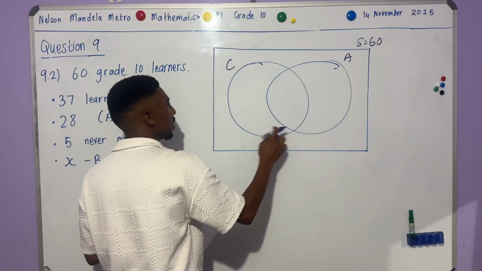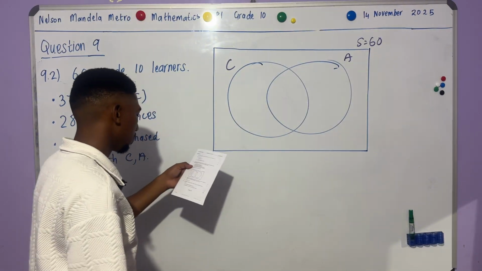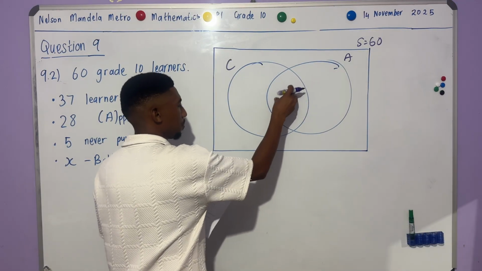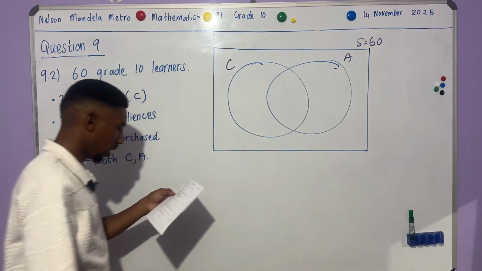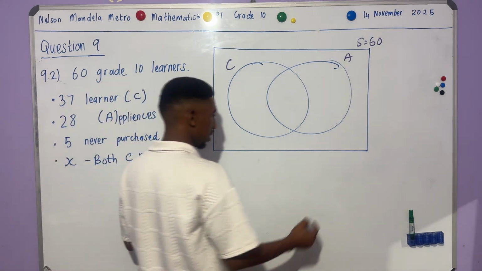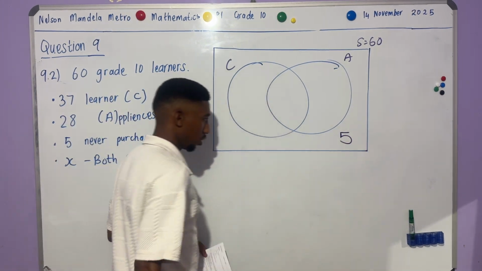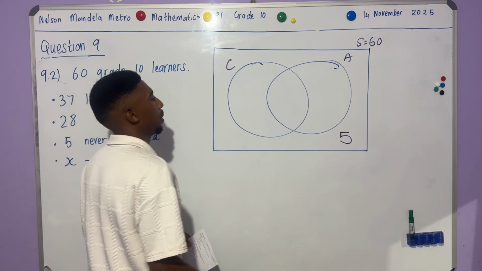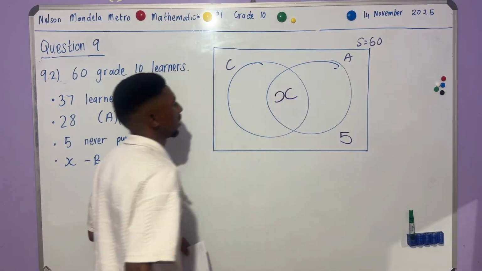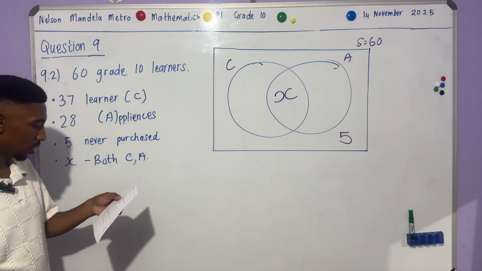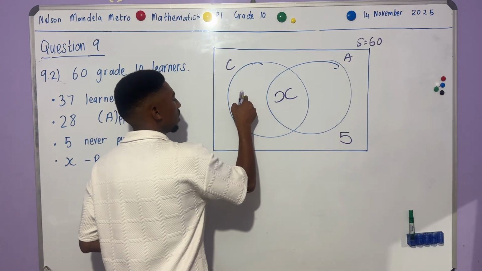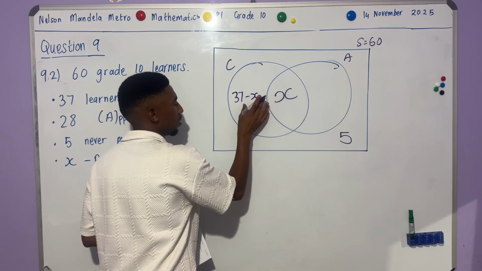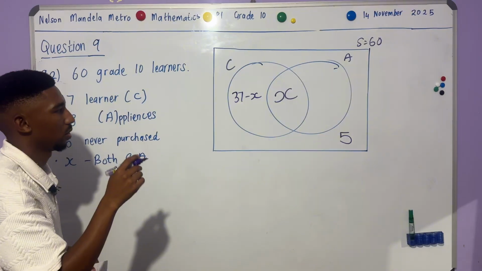Redraw the Venn diagram given above in your answer book and complete the outcomes for each region in terms of X where necessary. So first and foremost, 37 learners purchased clothing. So I know this entire circle here is 37 learners. 28 learners purchased appliances. I can't put the number in yet because I have to subtract what they have together. 5 learners had never made any online purchases, so I know that 5 is going to fall outside of the circle. X learners purchased both C and A. So if 37 learners purchased clothing, I know that here is 37 learners, but minus the X there, because that is part of the C circle.